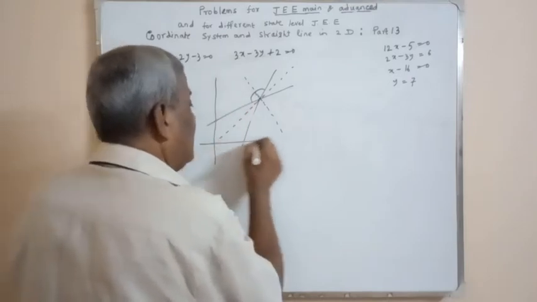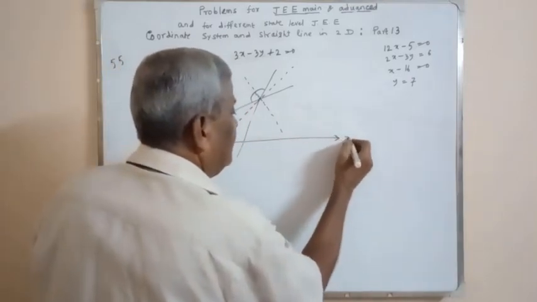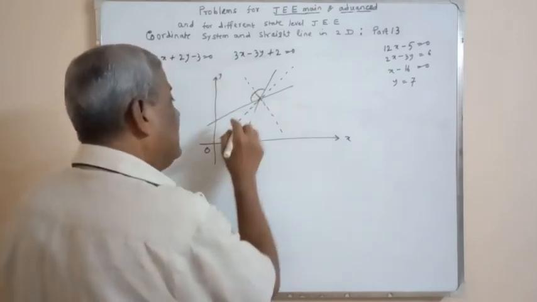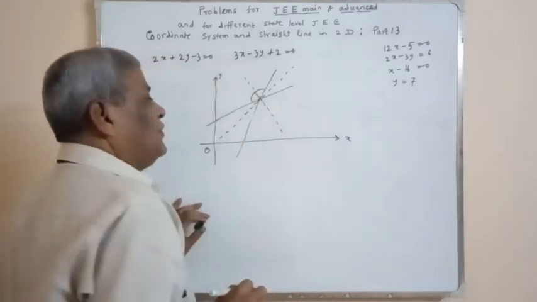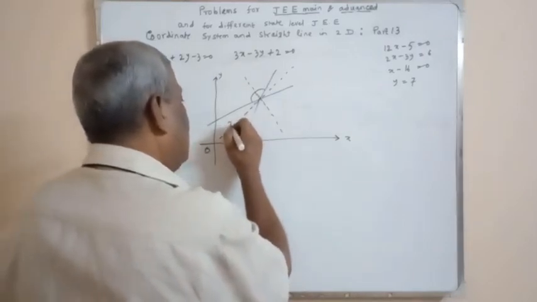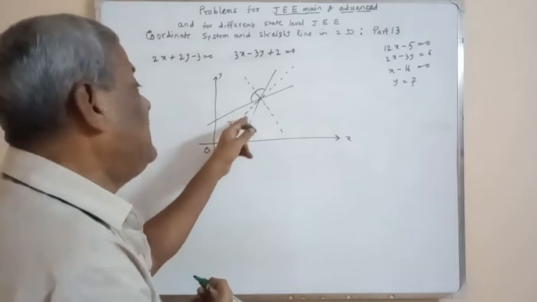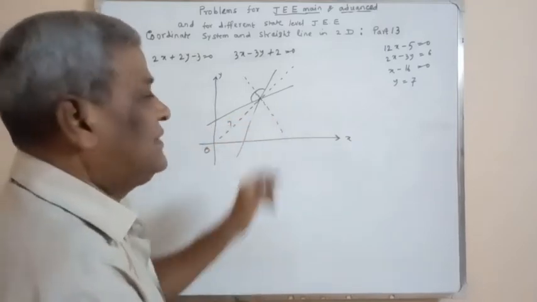Say, this is the axis system. The origin lies on that angle. So we have to find the equation of the bisector of this angle, not that.